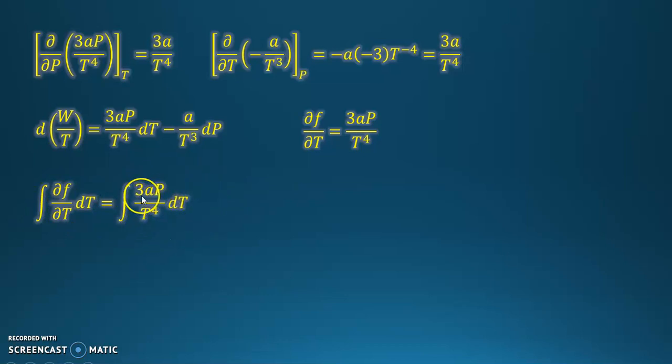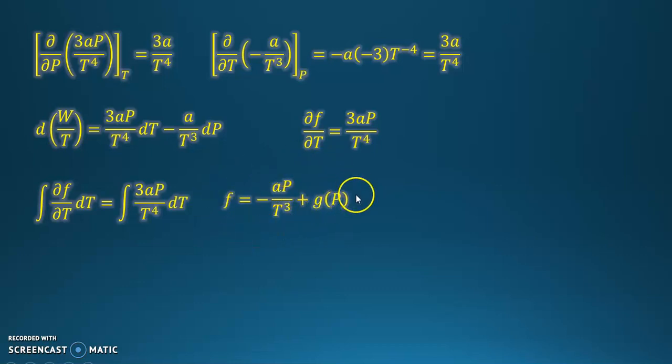In this case, 3a is constant, and p could be considered a constant because we integrate only with respect to t. So, integrating that part, we'll get that f, our function that we are looking for, f is equal to minus a times p over t cubed plus g of p.